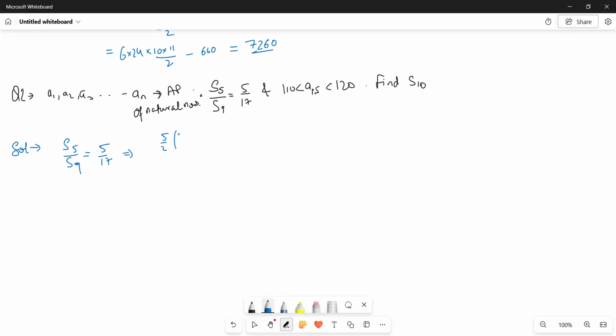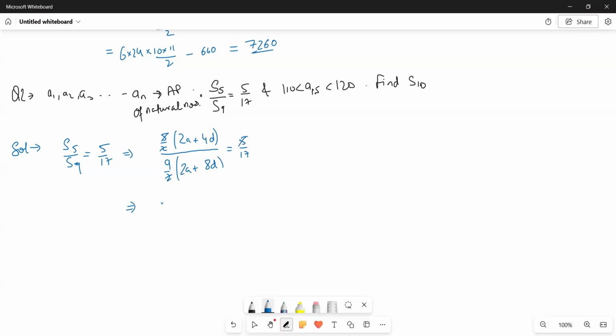So 5 by 2 into 2A plus 4D divided by 9 by 2 into 2A plus 8D is equal to 5 by 17. So here the 2 will cancel. This 5 also got cancelled.